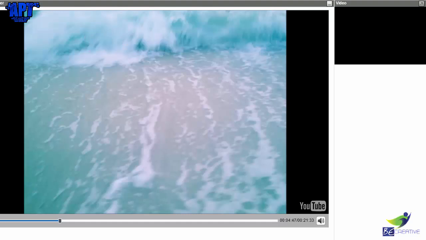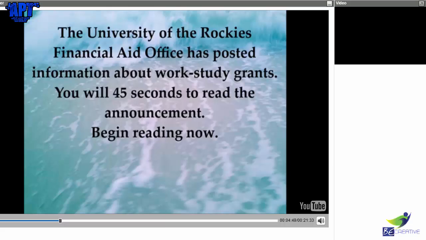Question 3. The University of the Rockies Financial Aid Office has posted information about work-study grants. You will have 45 seconds to read the announcement.